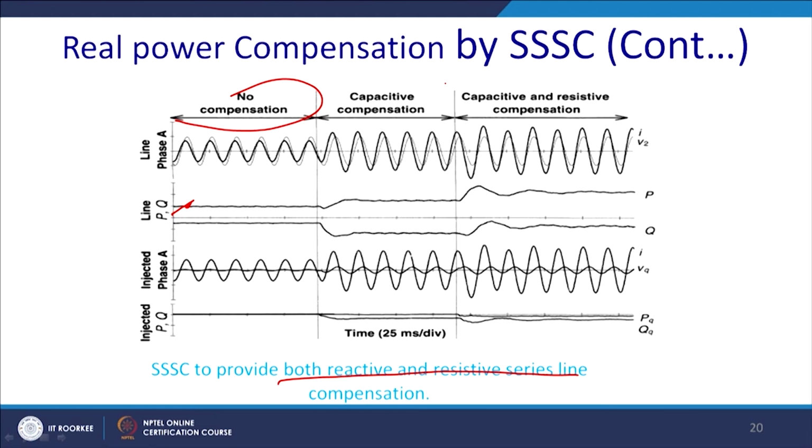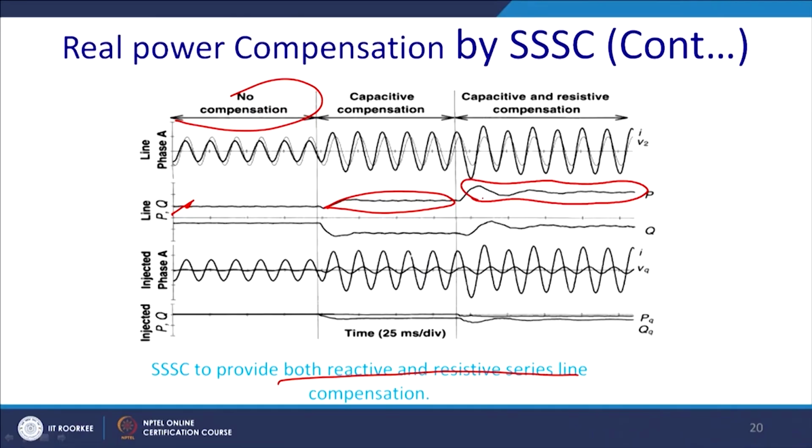and so this is then actually the power rating increases. Then capacitive as well as resistive compensation comes, that is through the actual injection from the DC source or the storage element. Thus the power handling capability of this SSSC has increased, and this is the phase A line current. Initially the injected current was small, thereafter it is increasing and similarly it will continue.